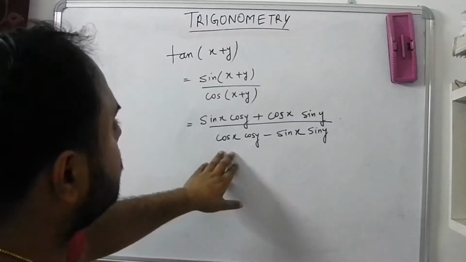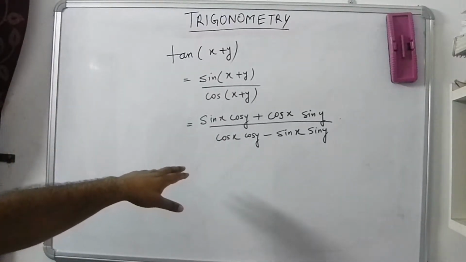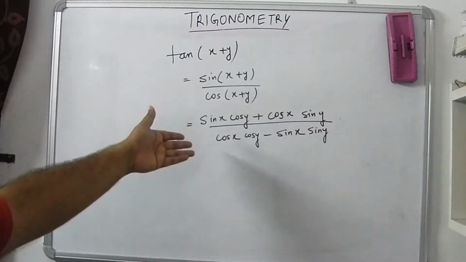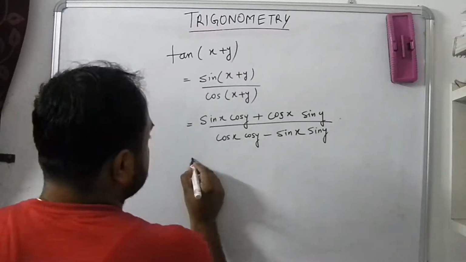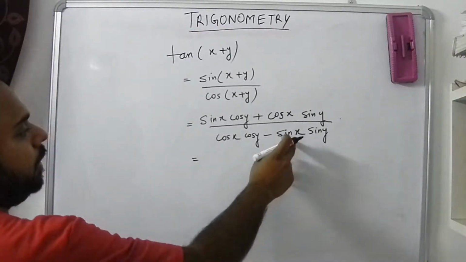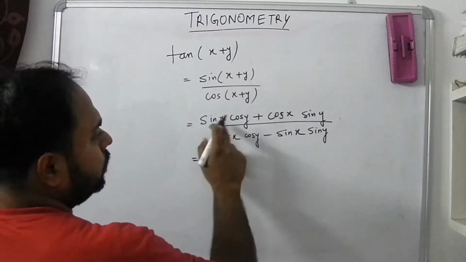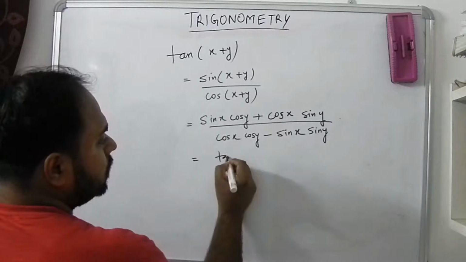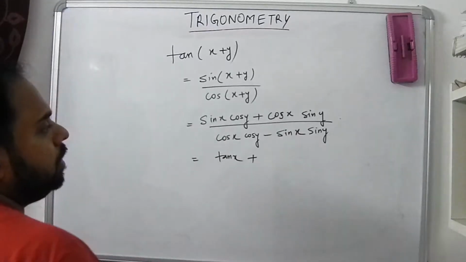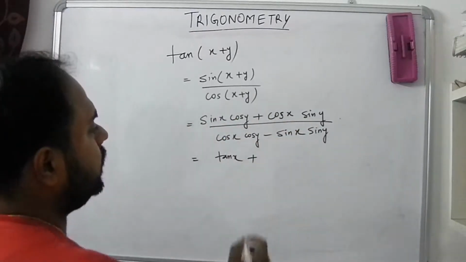Now, what we can do is we can simply take the ratios. So how it goes is we divide by cos x cos y both the sides. When we divide, cos x cos y gets cancelled and we become tan x. And when we divide this by cos x cos y, the cos x cancels and it becomes tan y.